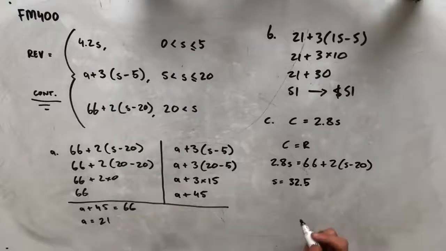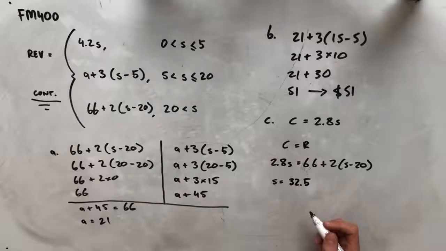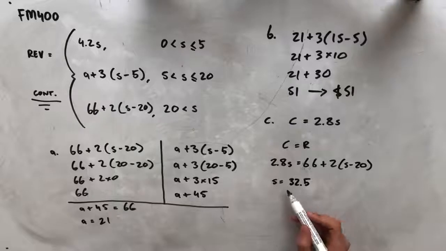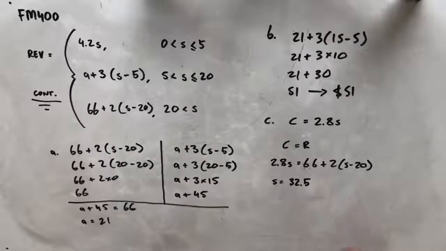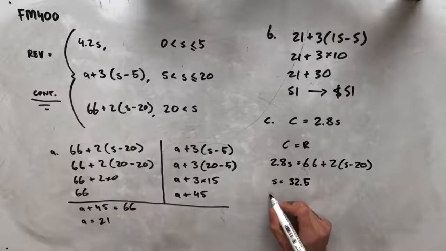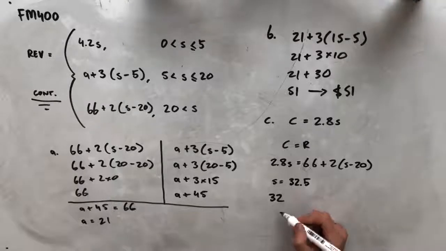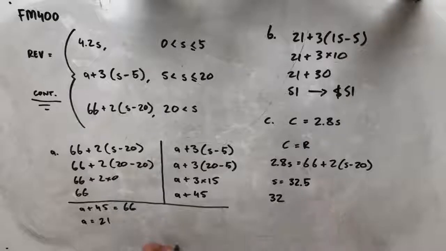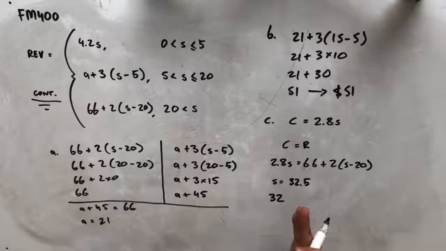32.5. Rereading the question, what is the maximum number of succulents Jeremiah can sell to one customer before making a loss? The number of succulents isn't an exact number. We've got 32.5, which means that at 32 succulents he won't be making a loss, as he wasn't making a loss all the way up until 32.5.